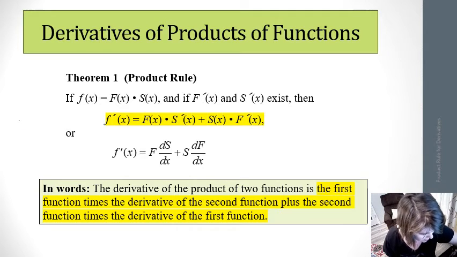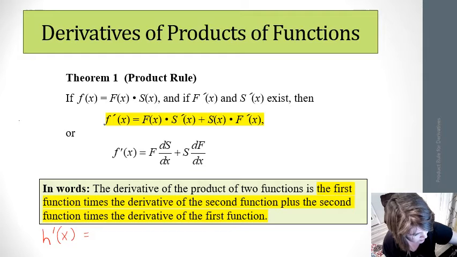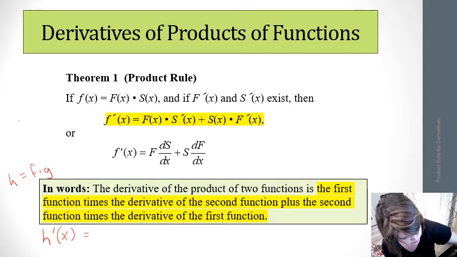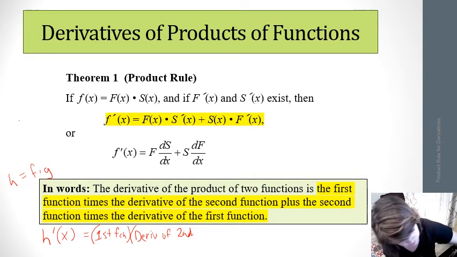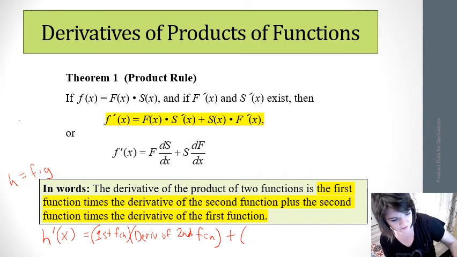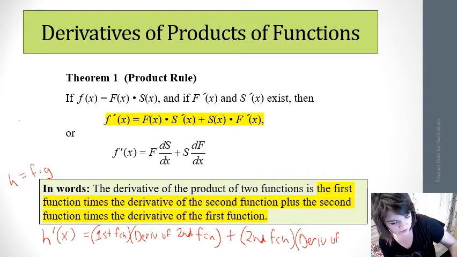Okay, so the derivative, let's call it h prime, of a product of two functions. So let's say h equals two functions multiplied together. You take the first function, leave it alone, and multiply that by the derivative of the second function, plus the second function, whatever it happens to be, leave it alone, and multiply by the derivative of the first function.